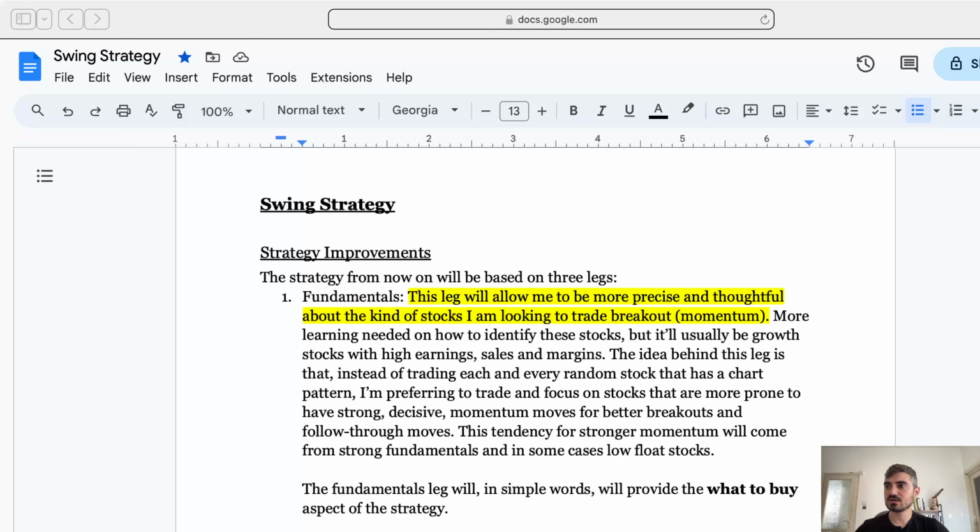Guys, in the last several days, I've made a decision to add some aspects to my current strategy. So up until this point, as you might have noticed, I've been pure classical chart pattern and price action trader. Which means that my strategy was based mainly on classical chart patterns and price action.